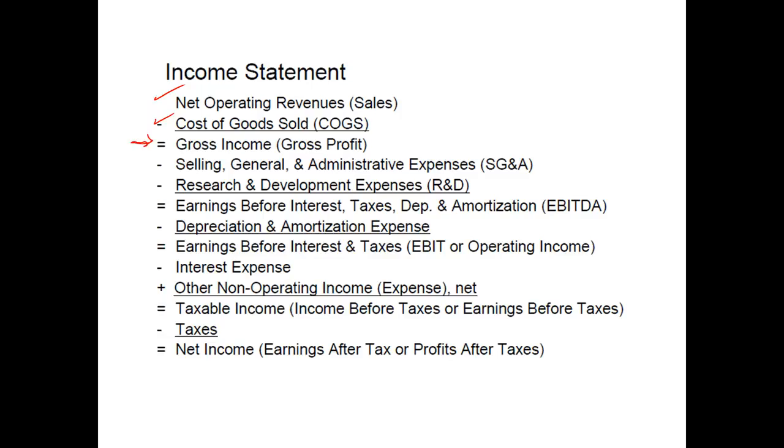That gives us gross profit as a subtotal. Then we have selling, general, administrative expenses, research and development as operating expenses that would come out next. Then we have financing related expenses, and that gives us our income before taxes. We take out taxes, and that gives us our net income, what's left over.